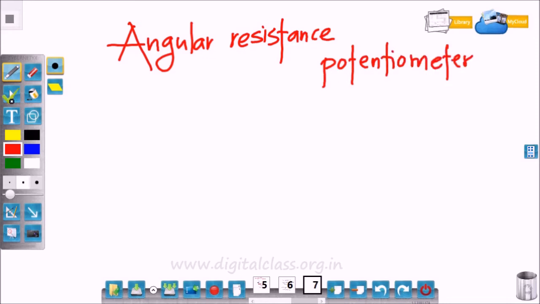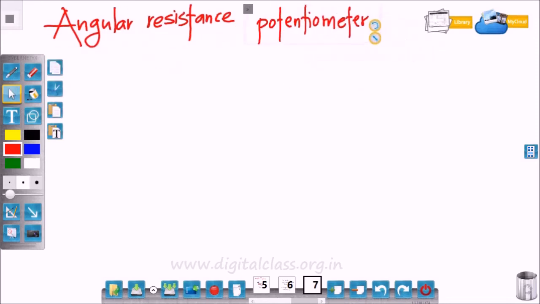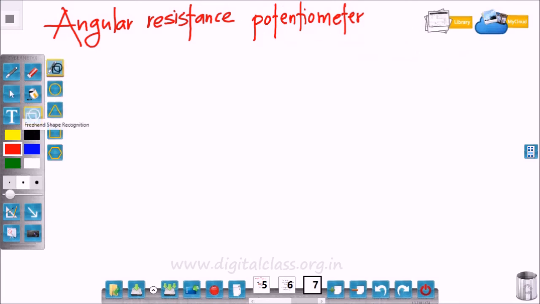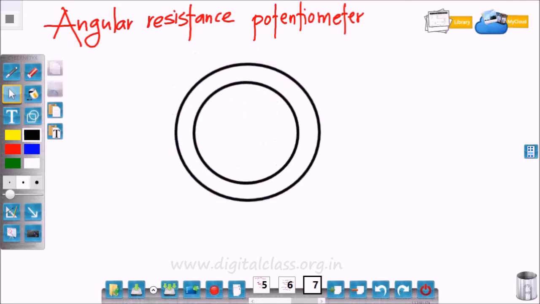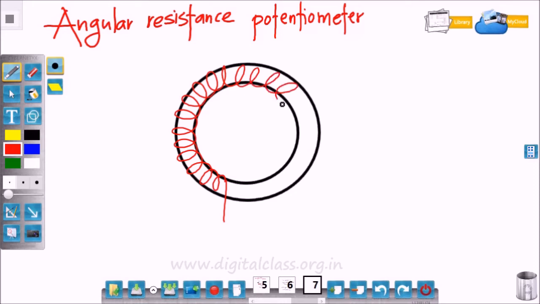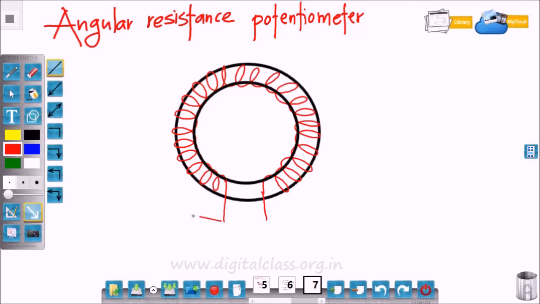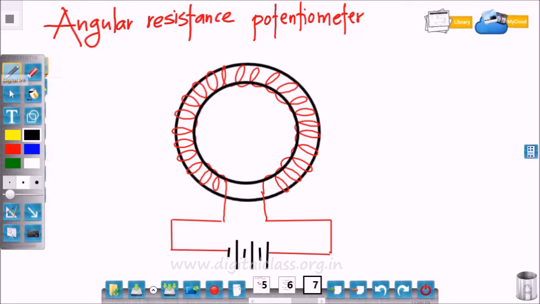Now, the second application, the angular resistance potentiometer. This instrument can be used for the measurement of angles or angular displacement. The working principle is very similar. This is the circular core and a wire or coil wound around this core. The same voltage is supplied between these two points, that is the input voltage, and the output voltage is measured between two different points.